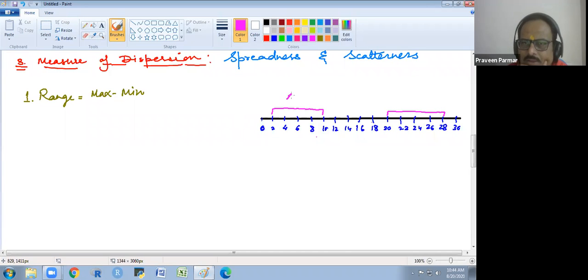It is my A data set. It is my B data set. What would be the range of A data set? It is 8, correct? It is 10 minus 2, which is 8. What would be the range of B?